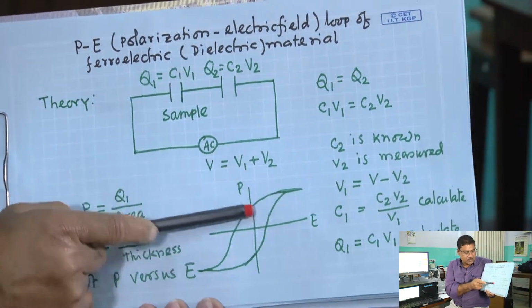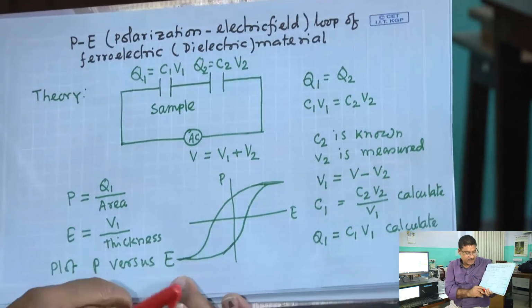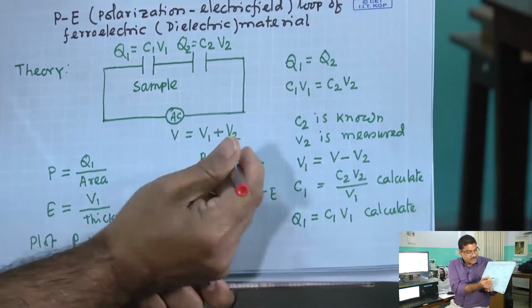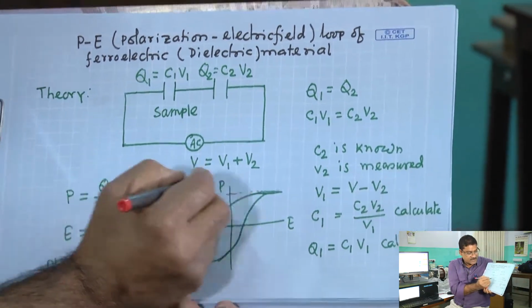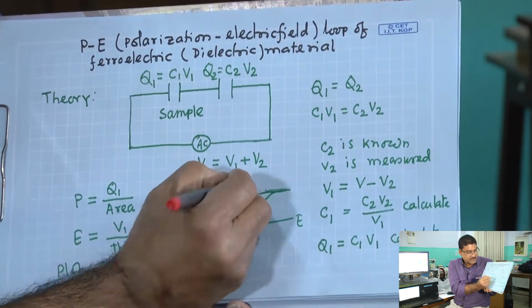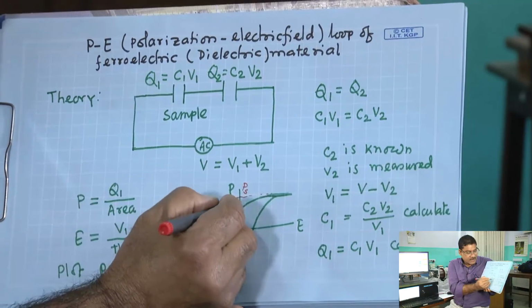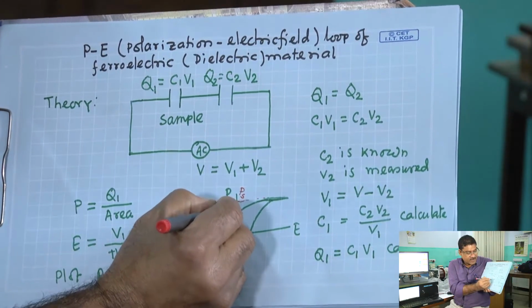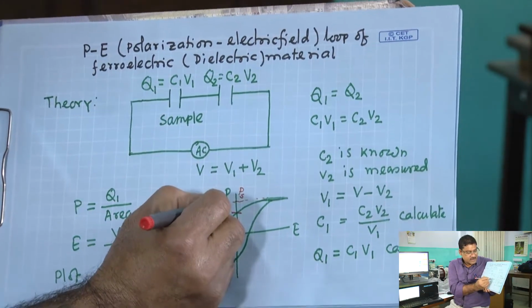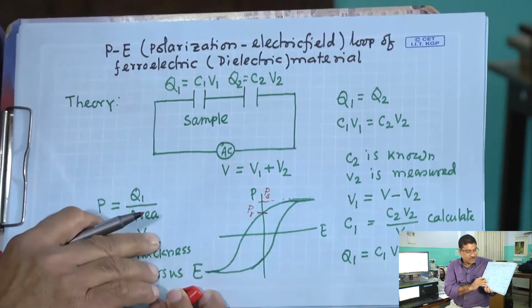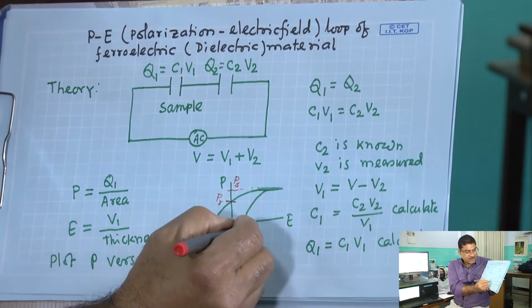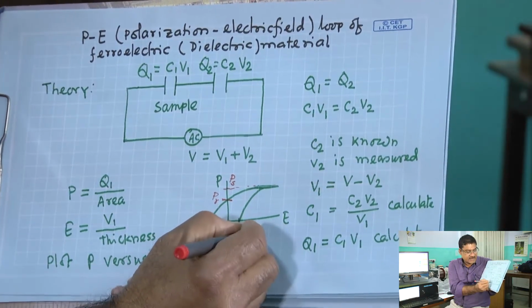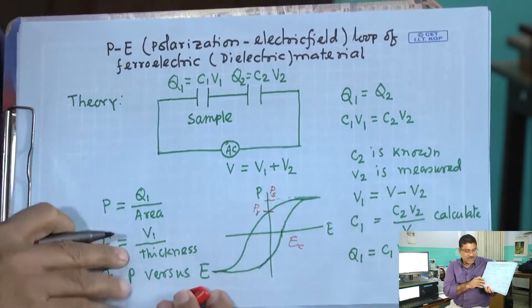That value will be PS. We can also find out the remanent polarization, that is PR, and the coercive electric field EC.